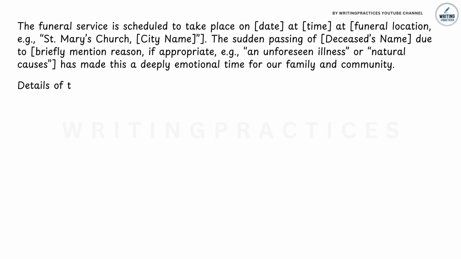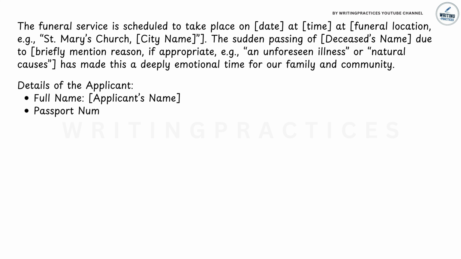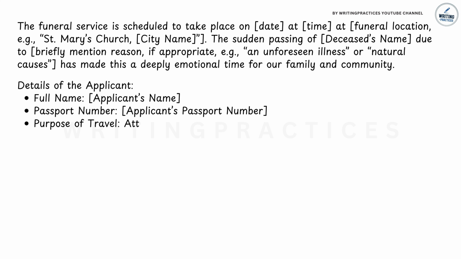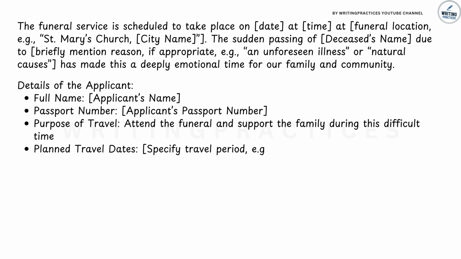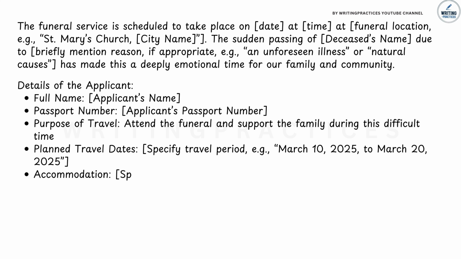Details of the applicant. After detailing the funeral, outline specific information about the applicant. Include their full name, passport number, purpose of travel, travel dates, and accommodation arrangements. For instance, details of the applicant. Full name, Jane Doe. Passport number, X123456778.